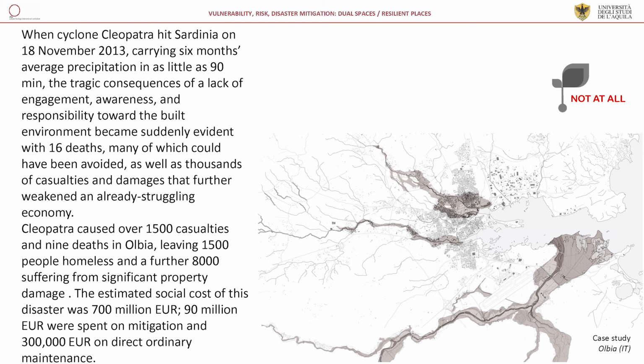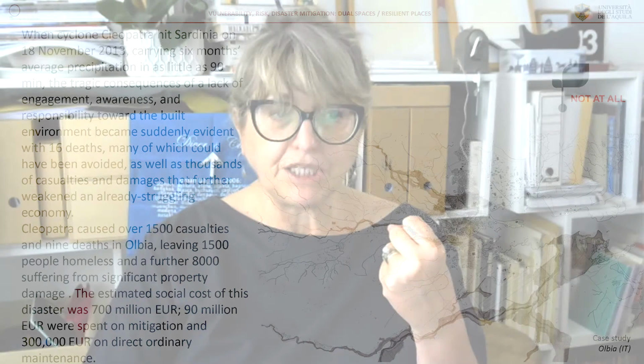And they were really huge costs, not only in terms of physical structures, but the social cost was estimated in 700 millions of euros. And 90 millions of euros have to be spent in the mitigation, and 300,000 in direct ordinary maintenance.